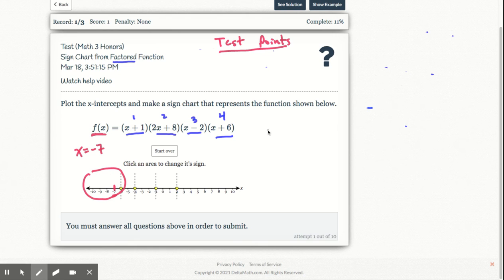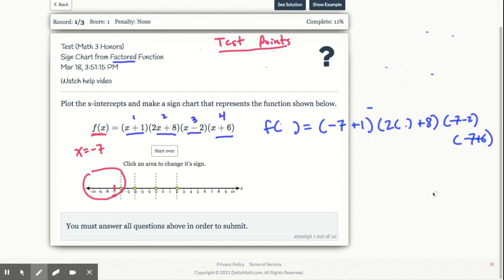All right, so what do we have? We get f of -7 is going to be equal to -7 plus 1 times 2 times -7 plus 8 times -7 minus 2 times -7 plus 6.